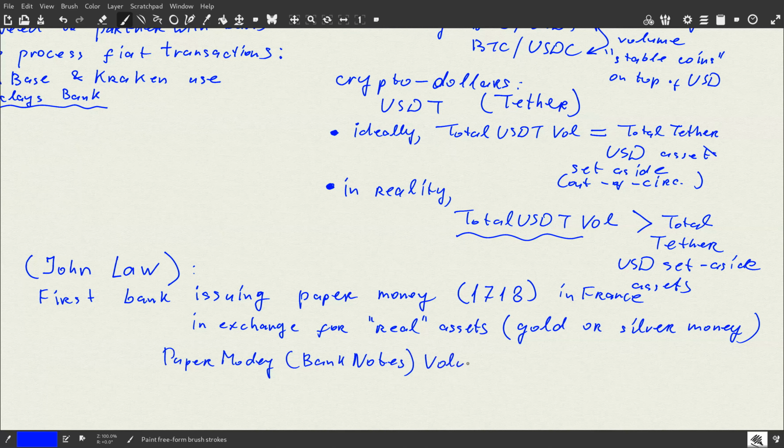The volume was greater by a large factor than the denomination of the precious metal deposit. And you know what?